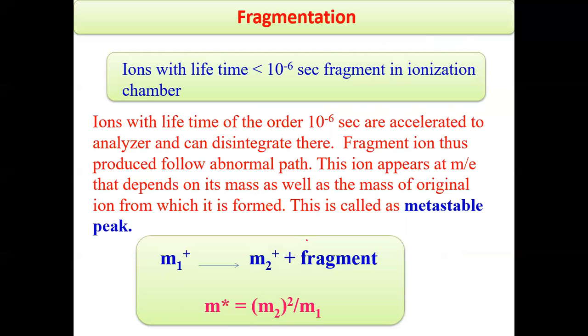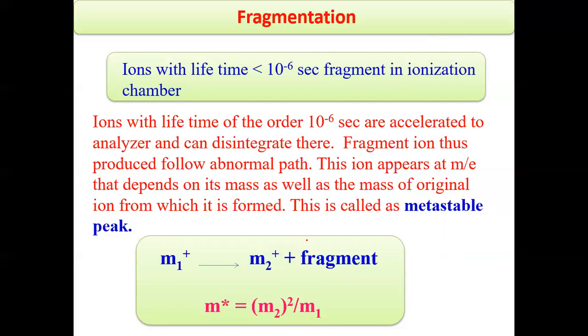Now fragmentation. Ions which have a lifetime less than 10 raised to minus 6 second undergo fragmentation in the ionization chamber. This is a very important fact. They are converted into smaller fragments, and some neutral molecules are also removed from the ionization chamber.